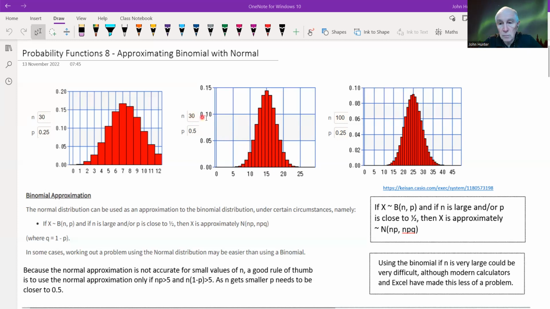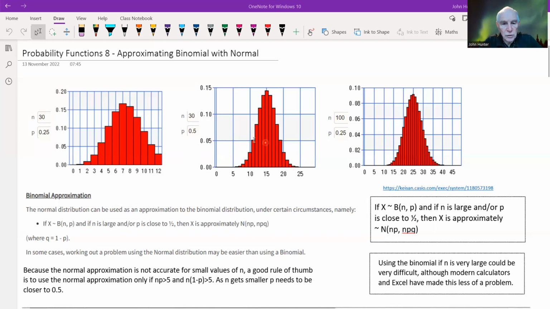So again, we know what the variance for this is because it's 30 times 0.5 times 1 minus 0.5, which is 30 times 0.25, 7.5, I think that is. Okay, so we've got a correspondence between this and a normal distribution.